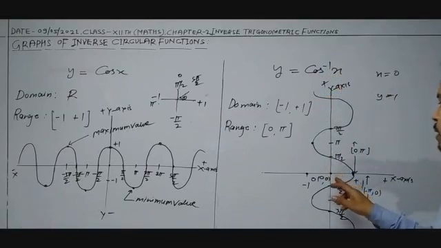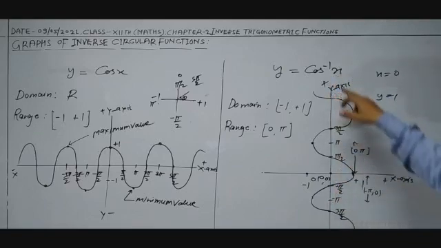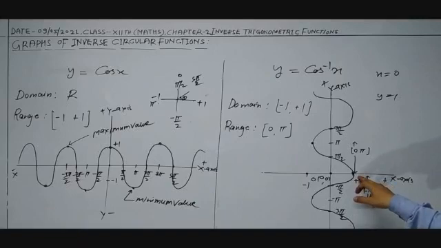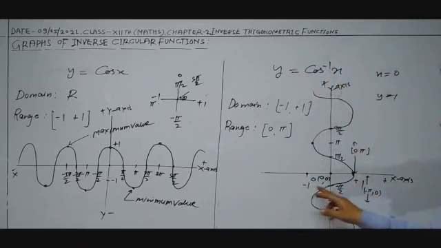And suppose we set x as 1, then the result will be y equal to 0. So the values lie between minus 1 to plus 1 on the x axis.